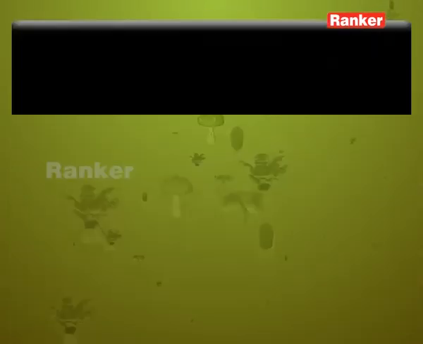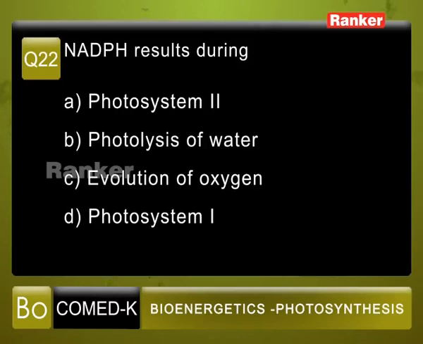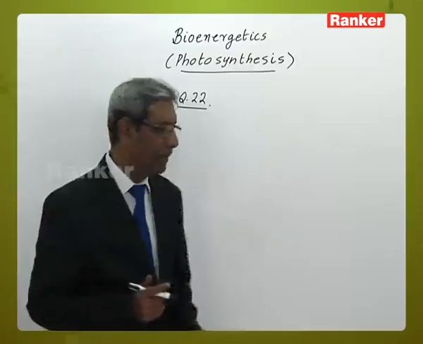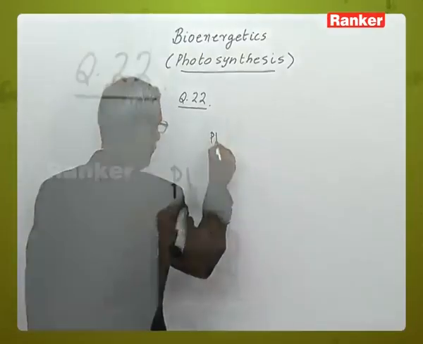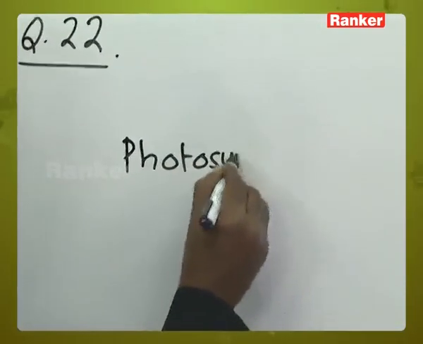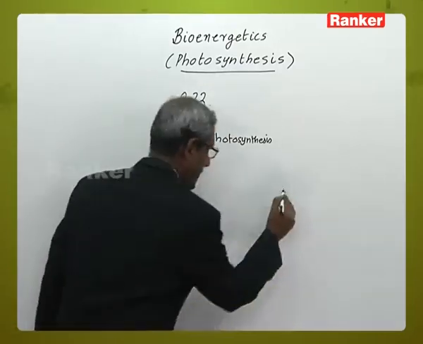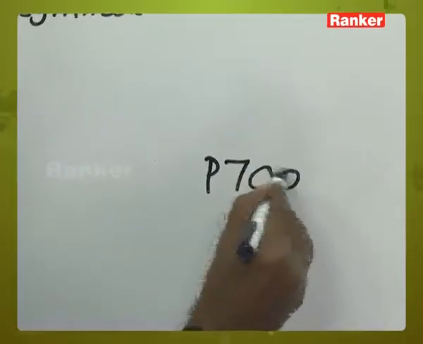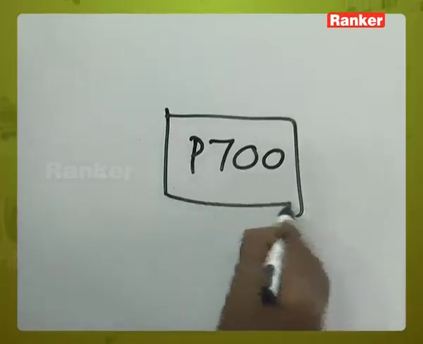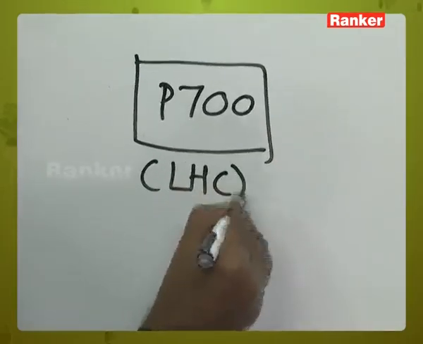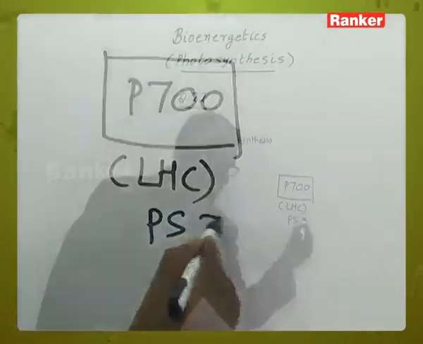Question number 22. NADPH results during A. photosystem 2, B. photolysis of water, C. evolution of oxygen, D. photosystem 1. Now, when you take the process of photosynthesis, if we have P700, which is called the light harvesting complex, which is otherwise termed as photosystem 1.